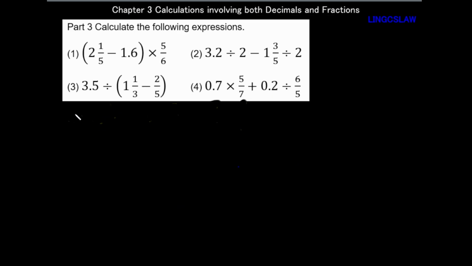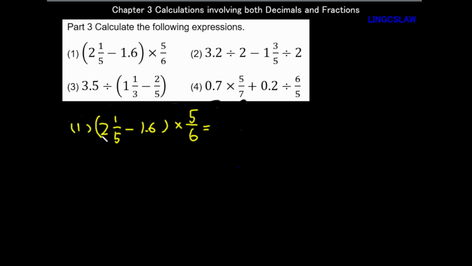Part 3. Calculate the following expressions. Number 1. 2 and 1/5 minus 1.6 times 5/6 equals.